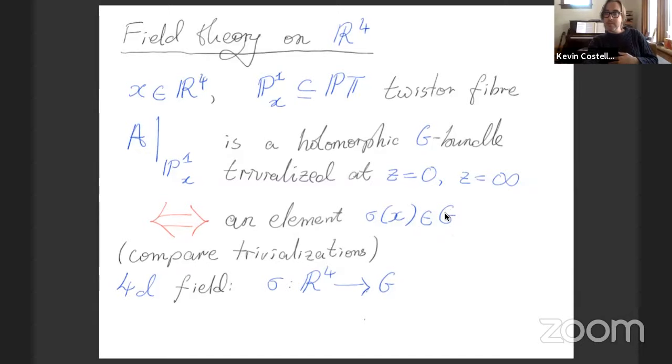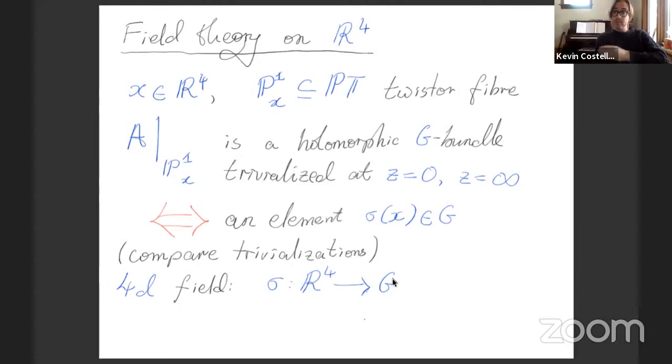And if I apply a gauge transformation to A, I will get the same element of the group. So this field sigma captures exactly all of the gauge invariant information I had in 6 dimensions. So whatever I started with in twistor space, the resulting 4-dimensional field theory will be a sigma model from R4 to my group manifold.